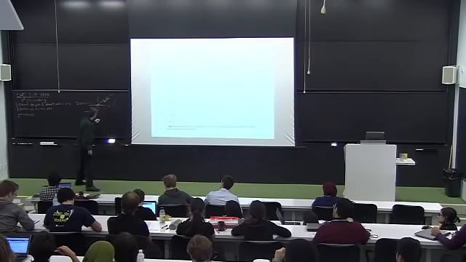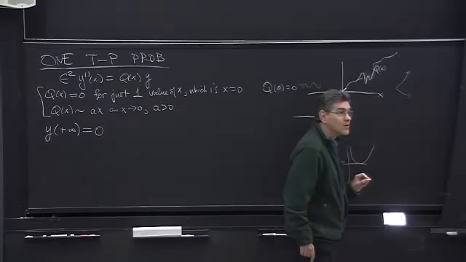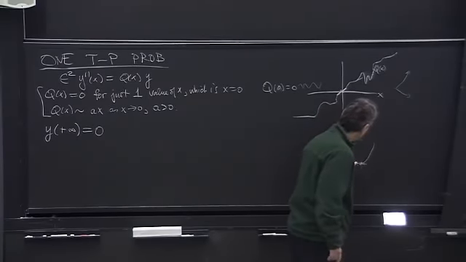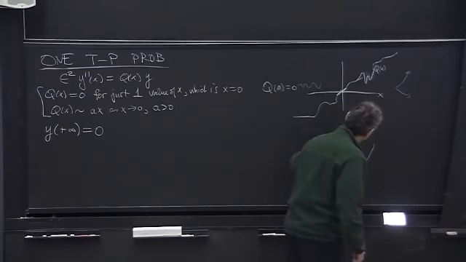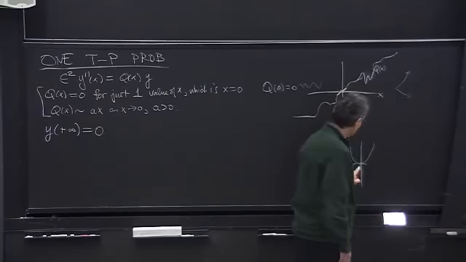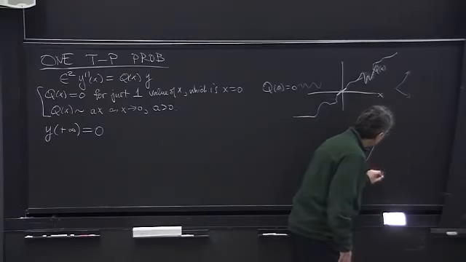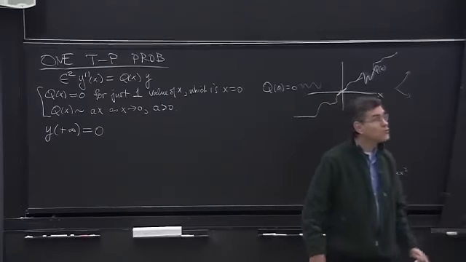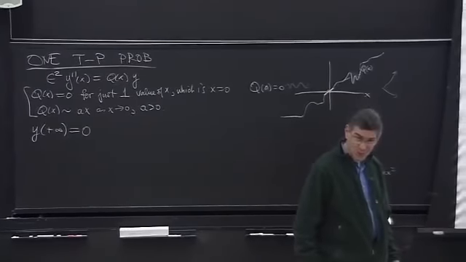Oh, you're saying, why don't we have something like this? We could do that. And in that case, let's put this point at the origin. We can translate it to the origin. In this case, Q of x looks like ax squared. And that's a whole new problem. That's homework. And that's what you're going to do for homework.